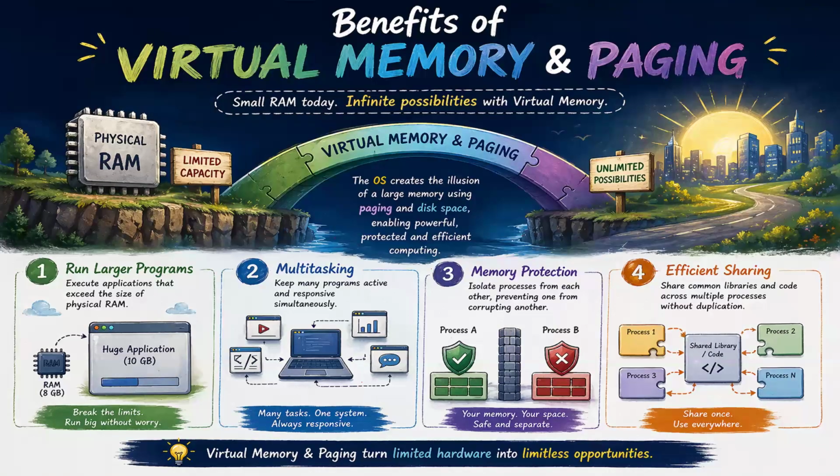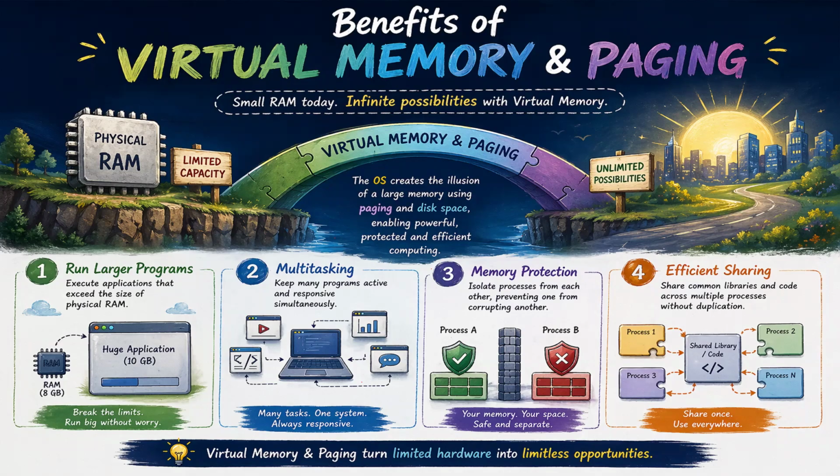We can run programs that are larger than the physical RAM. You can check your operating system code. If you see the binaries, your whole operating system may be in GBs. The amount of RAM may be small, some 8 or 16 GB. But your code is more than that.